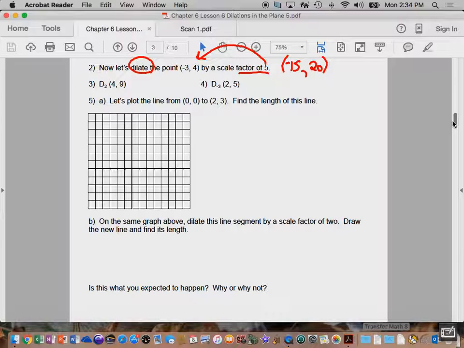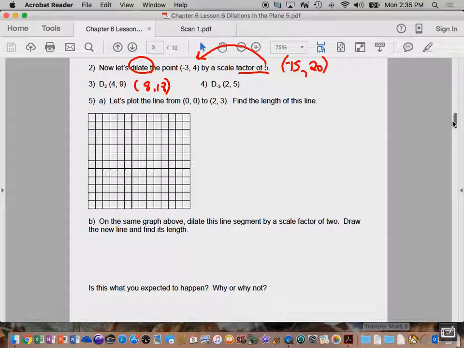Now, I don't always wanna write out all these words. Math people are really brilliant and math people are really lazy. So when they write D2, that means all of these words. It means dilate the point (4, 9) by a scale factor of 2. So if I do D2 to the point (4, 9), what do I get? 8, comma, 18.